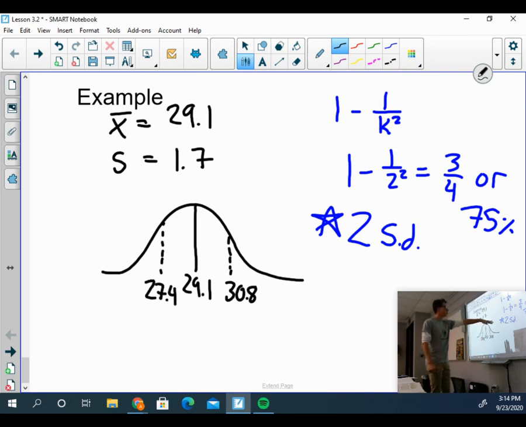But I need to go 2 standard deviations. Why? Because according to Chebyshev's, at least 75% of my data will be included between 2 standard deviations away. So I do it one more time.